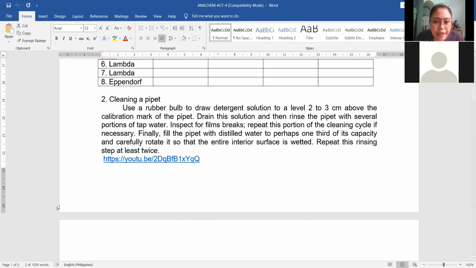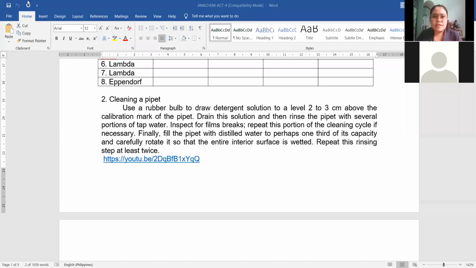Okay? Pero I have a video here, an example on how to clean the pipette before using it. Yung sa video lang, hindi na siya nagamit ng tap water, dumiretso na siya sa distilled water. So after the soap solution, 'di ba? Pinasok niya yung soap solution doon using the bulb, and then i-wet lahat ng interior surface of the pipette, and then i-drain.